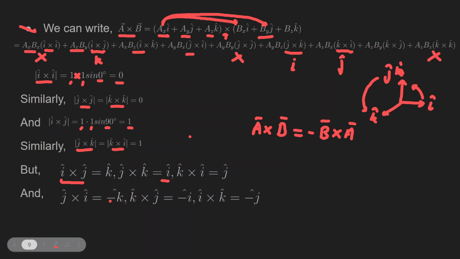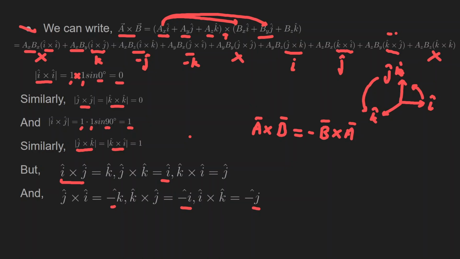That is why we have written J cross I is equal to minus K. Similarly, K cross J will be minus I, and I cross K will be minus J. So if we substitute over here, I cross K is minus J, J cross I is minus K, and K cross J is minus I. So this is all we obtain.